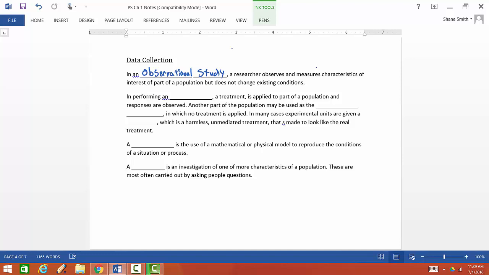Okay, so basically you're just observing, you're not actually changing anything. This is different from an experiment, because in an experiment you actually do change things. And to make sure you change things, you apply a treatment, and that is applied to part of a population and responses are observed.